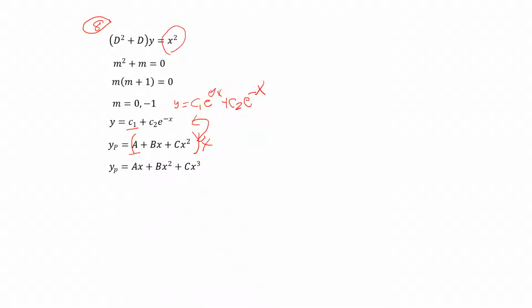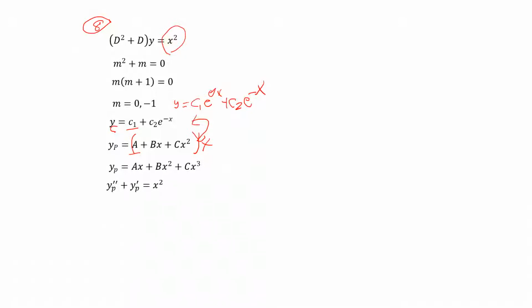The revised yp is already ax plus bx squared plus cx cubed. Now compare. Is yp similar to y? Okay, by the way, this solution is actually the complementary solution. We call that y sub c. Okay, so there are no similar terms already.